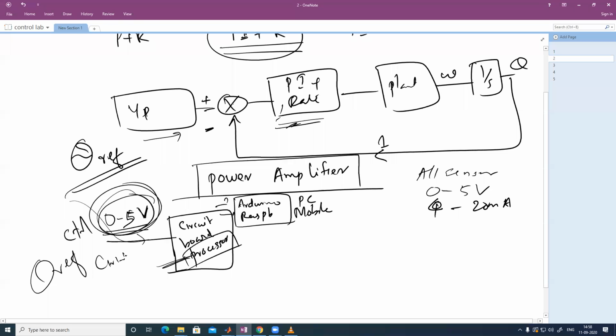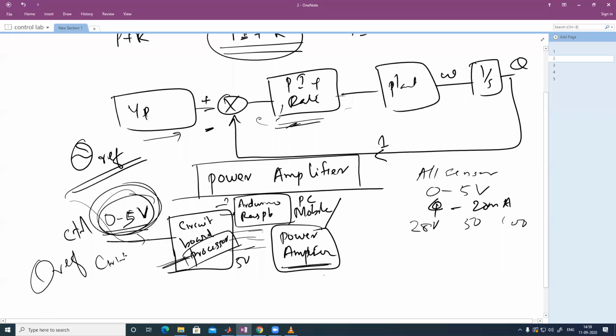So this controller will produce a signal that goes to a power amplifier circuit. This 5 volt output it can produce, but your motor will be some 28 volt or 50 volt or 100 volt like that. So this control signal is going to a power amplifier circuit, and the power amplifier has an input.